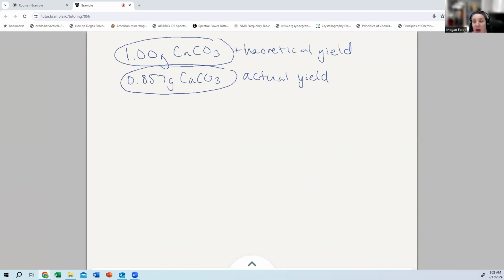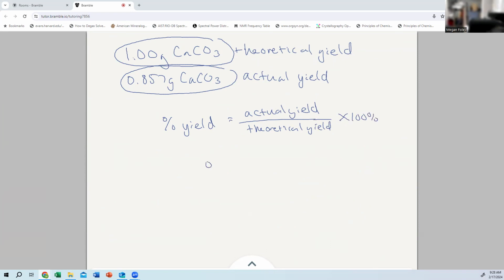This was the maximum amount we could have made. So the last thing we need to solve for is our percent yield. So taking our actual yield, what we weighed out, divided by our theoretical yield, what maximum amount we could have made, and multiplied by 100%.